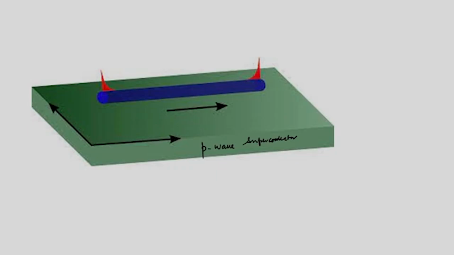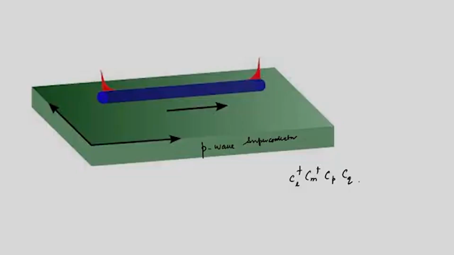Just one or two words on what we want to show. Usually c_L dagger, c_M dagger, c_P c_Q is a form of the interaction, where L, M, P, Q can be real space indices or maybe momentum indices and so on.